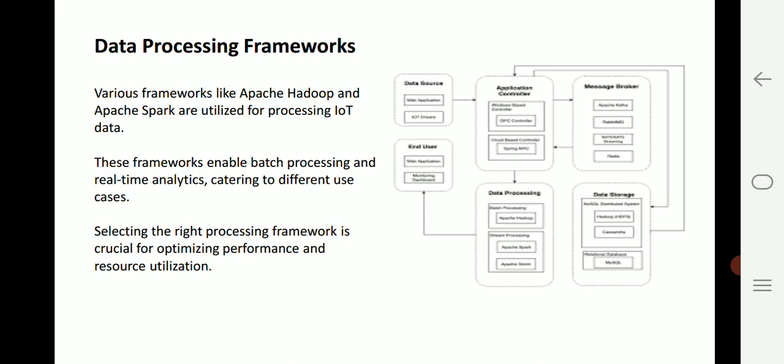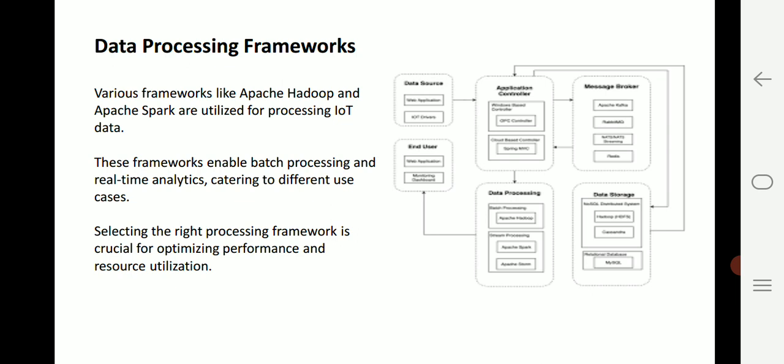The combination of all these stages, we can call it a framework. Various frameworks are there in the IoT architecture, like Apache Hadoop and Apache Spark, which are utilized for processing IoT data.